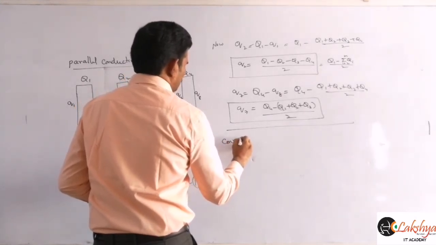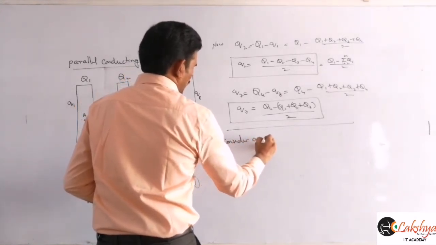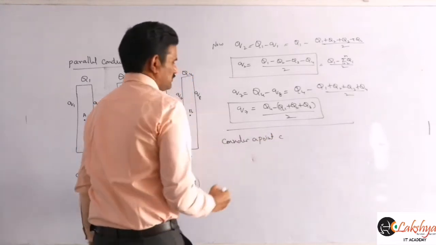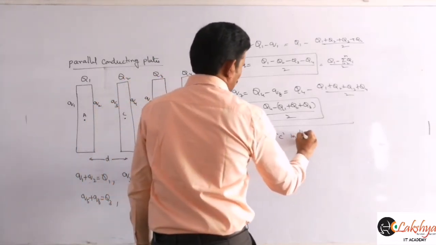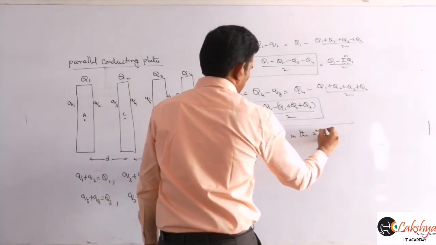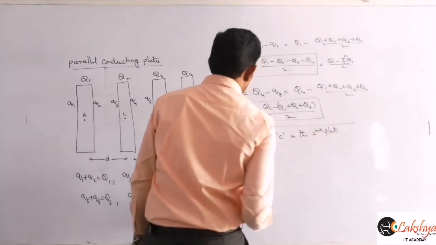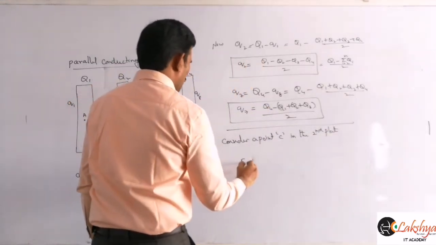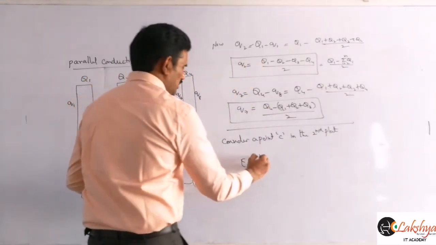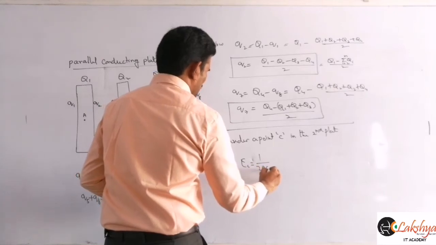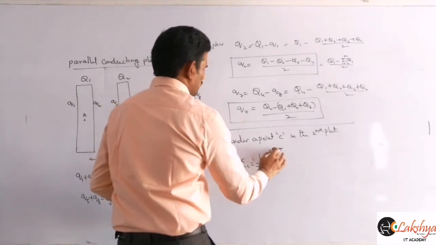So consider a point C in the second plate. So right, I am writing again the field at that point C here. So again I am taking this 1 by 2A epsilon naught same. Now just identify the direction.